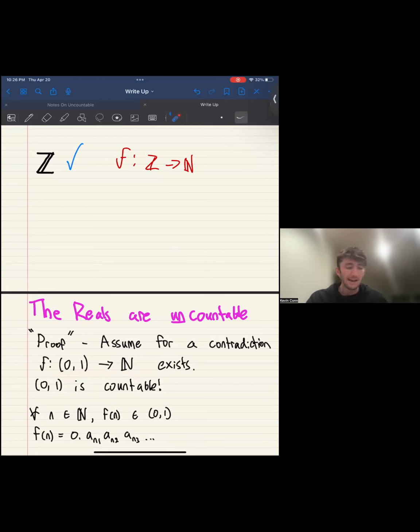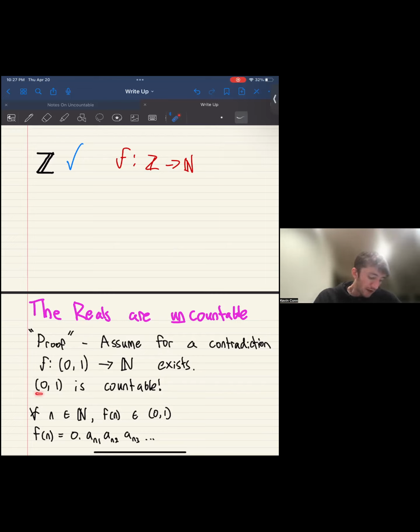You can't have a set, the real numbers, that is countable while a subset of that set is uncountable. That's impossible. You can go the other way around. You can have an uncountable set and take a subset that's countable. But if the subset is uncountable, then the whole set is uncountable.